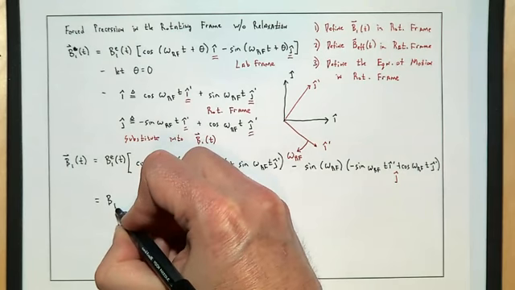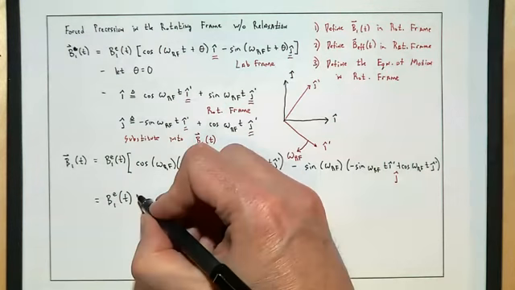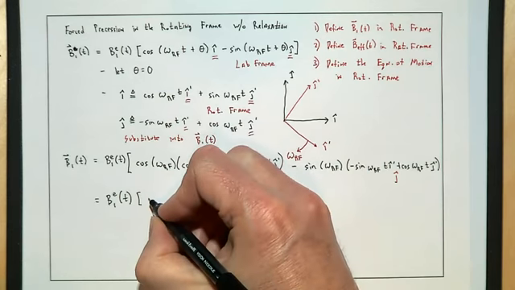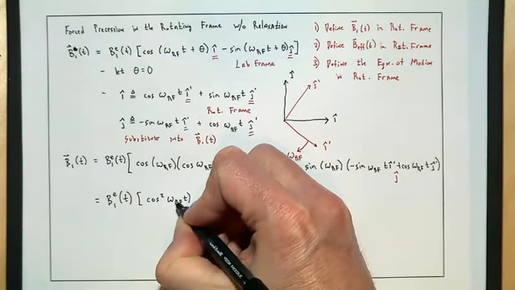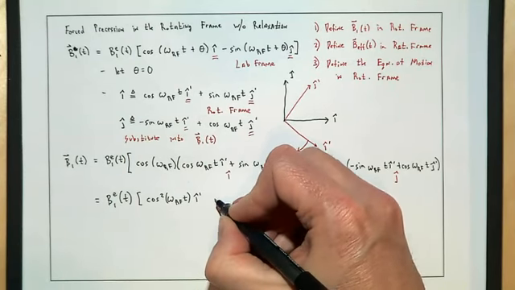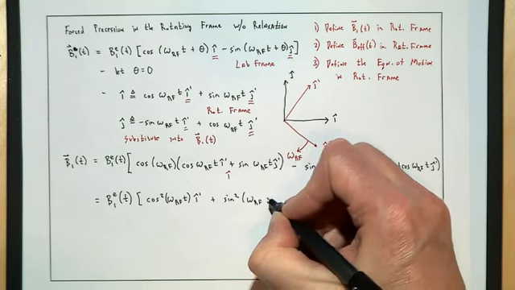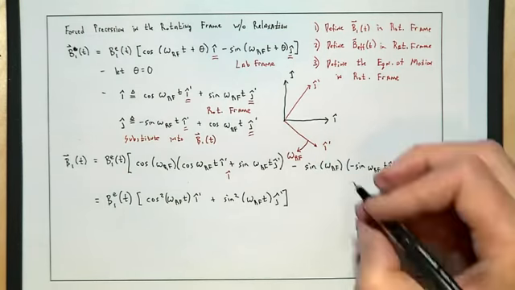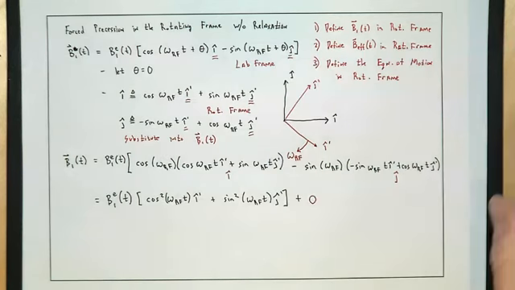I'm just going to collapse some terms and show that the B1 envelope function is a function of time. Now it operates on, if you carry out the multiplication of terms, you'll see, no surprise perhaps, that you get a cosine squared omega RF times time term along the I hat prime direction plus a sine squared omega RF times time along the J hat prime direction. There are some other sine times cosine terms that cancel out, so we won't worry about those.